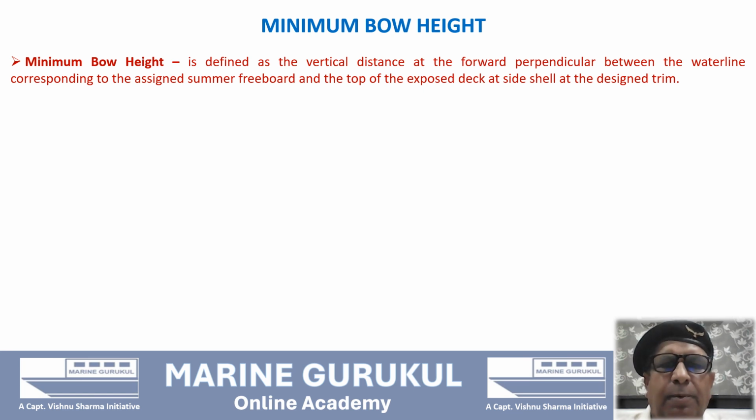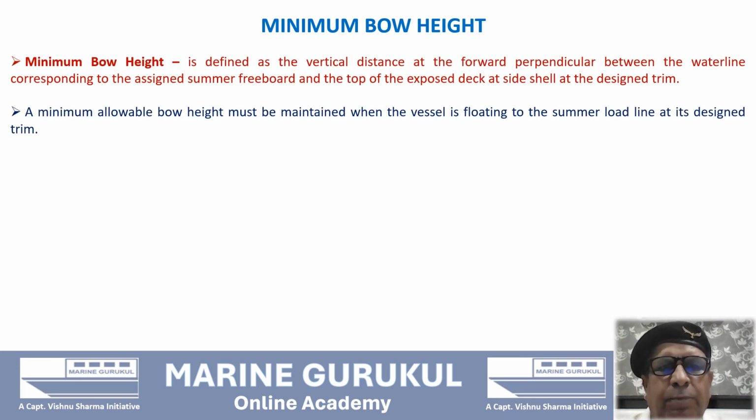So what is minimum bow height? It is measured at the forward perpendicular. Between which points? One is the waterline at assigned summer freeboard, that means the summer waterline of the ship. Two, the top of the exposed deck at the side shell and at the vessel's design trim.